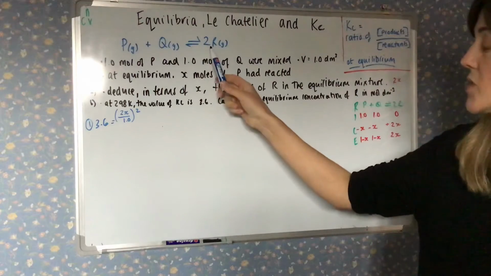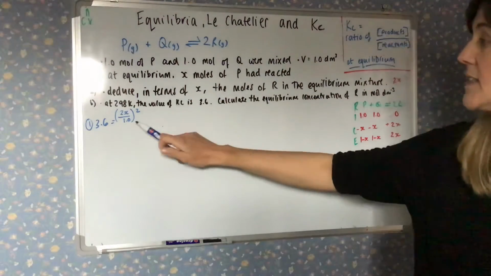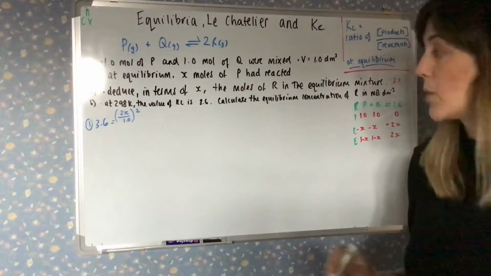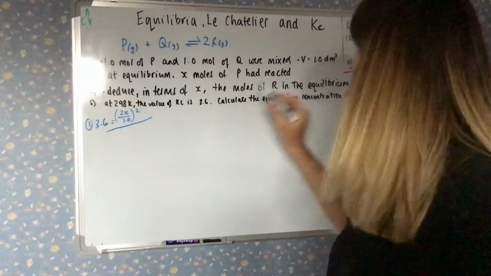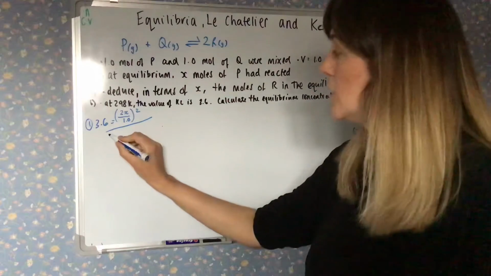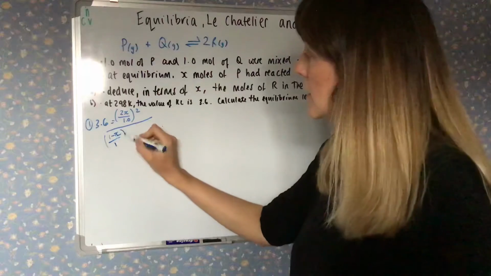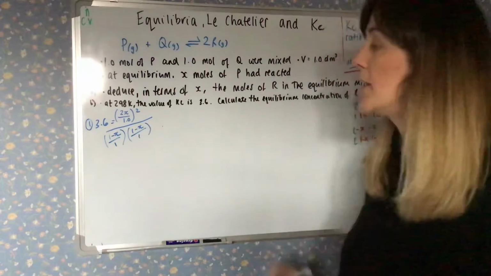We use the stoichiometry when we construct the Kc expression, and we raise the concentration to the power of the molar coefficient. So we've got 2x over 1 squared, and then all over, so the reactants, so we've got 1 minus x moles over 1, and then we've got 1 minus x moles over 1.